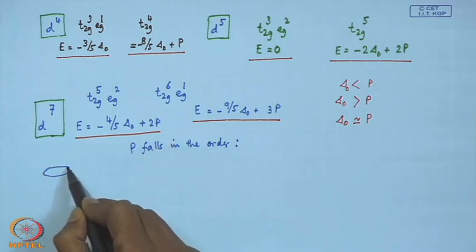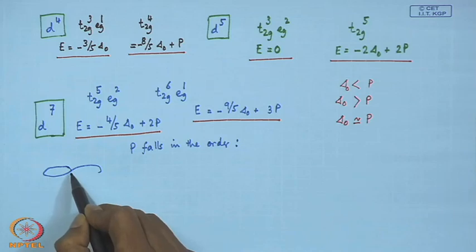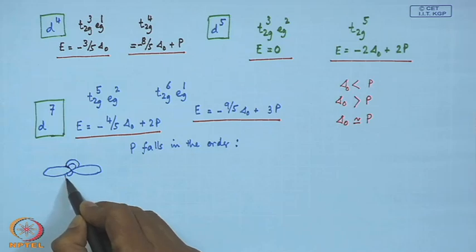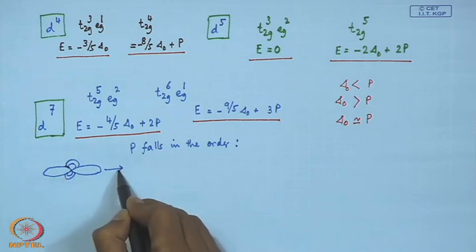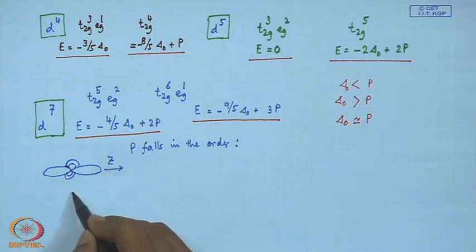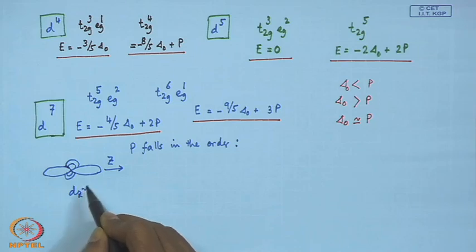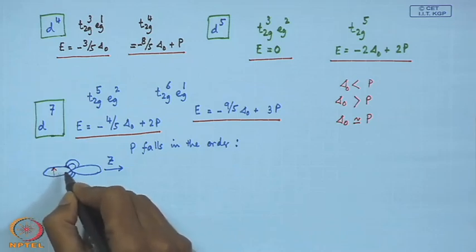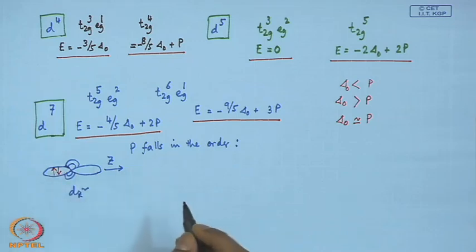So, if we have one particular orbital, if it is in the z direction, that means dz square, then when this level is filled, we can have a paired electron in this particular level.